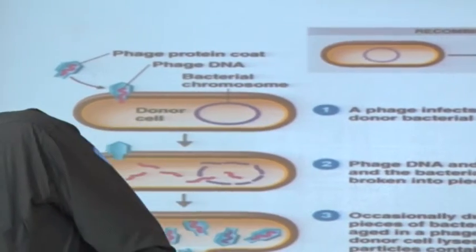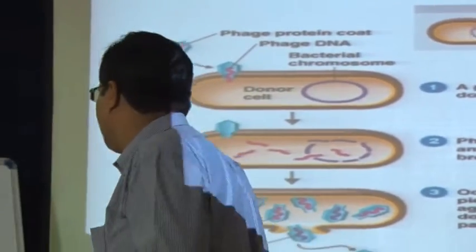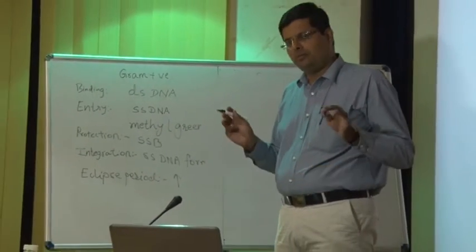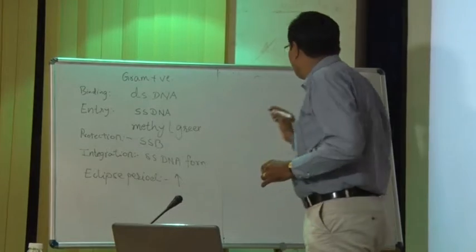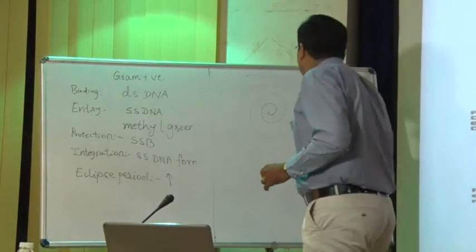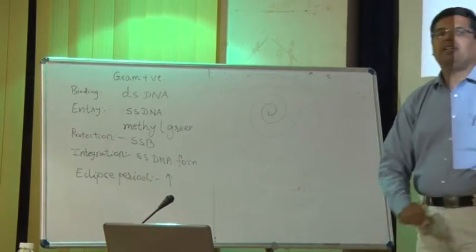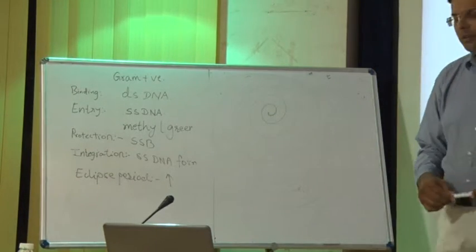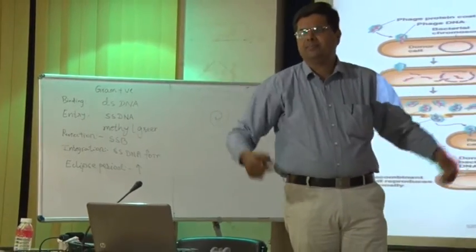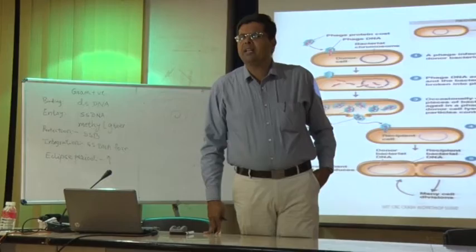So when it will undergo replication, it will follow the rolling circle mechanism, but what it will do, it will produce these kind of the jalebi jaisa structure. It will produce these kind of concatamers, long strands of the DNA. They are known as concatamers.